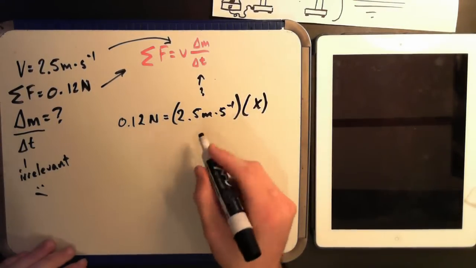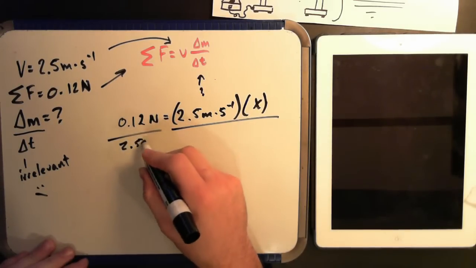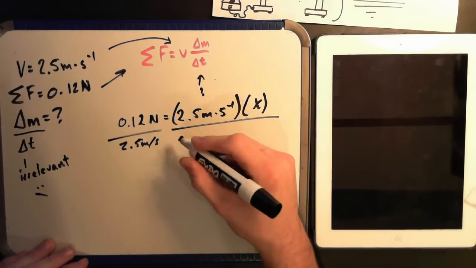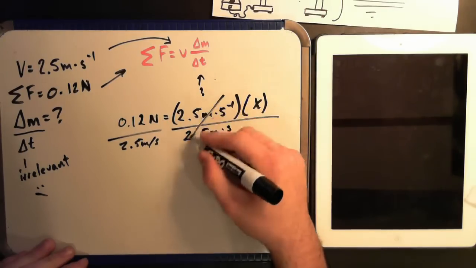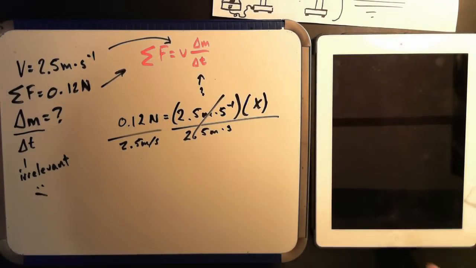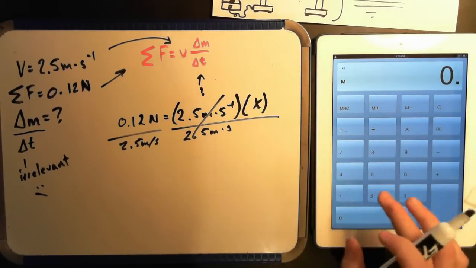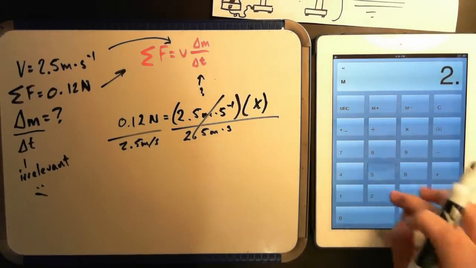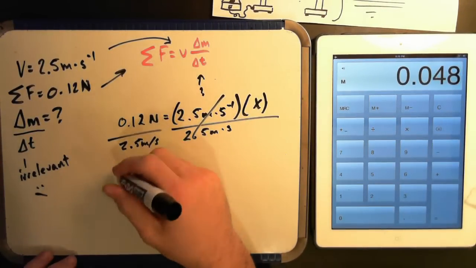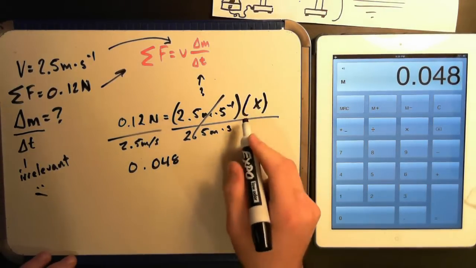And so how we do that, we're just going to divide both sides by 2.5 meters per second. That cancels out there, and we can see that 0.12 newtons divided by 2.5 seconds is going to equal 0.048 times whatever this is.